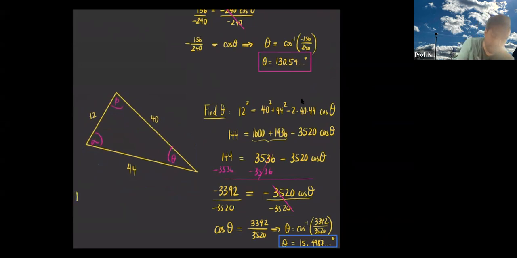So to find alpha, how do you find alpha? Alpha, opposite side, 40. What is that? 40 squared equals, and then cosine of alpha. Do you guys see that? And then everything else has to fall into place. 12 squared, you add that with 44 squared, minus 2 times 12 times 44 times cosine of alpha.